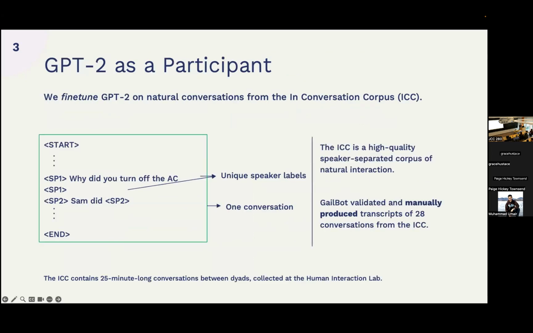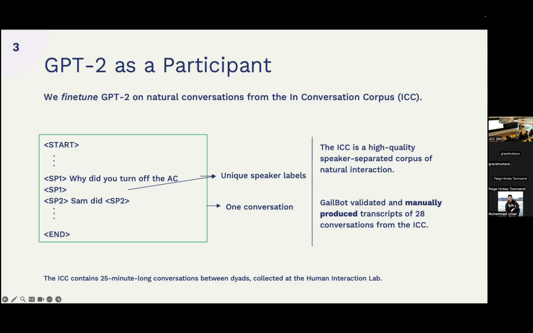So in order to actually do this, we use two variants of GPT-2, which is a type of decoder-only transformer model. And we fine-tuned GPT-2 on a corpus of natural interaction that was collected at our lab, the Human Interaction Lab. And this was 20 to 30-minute conversations between undergrads who were just kind of naturally speaking to each other.